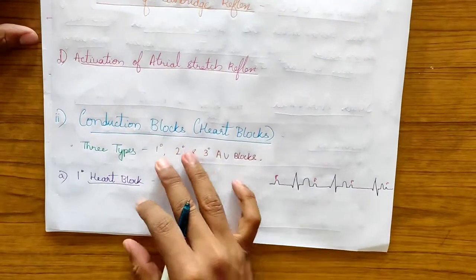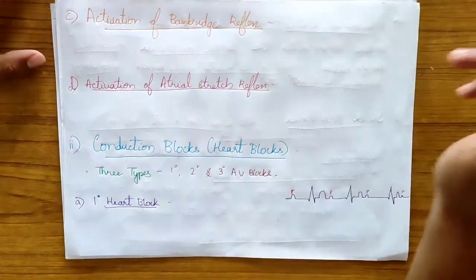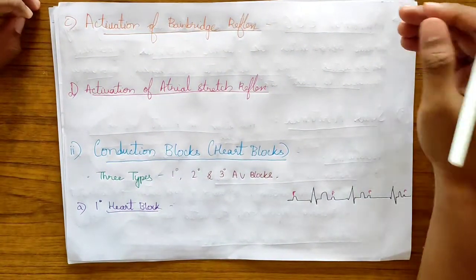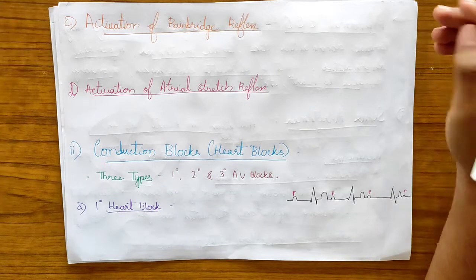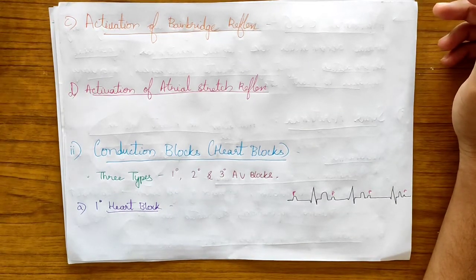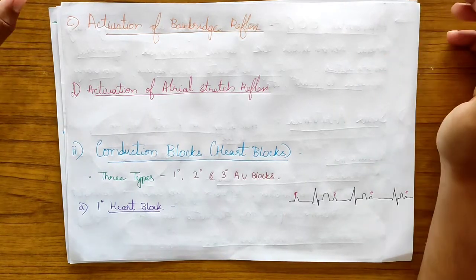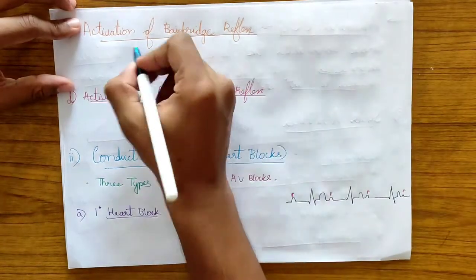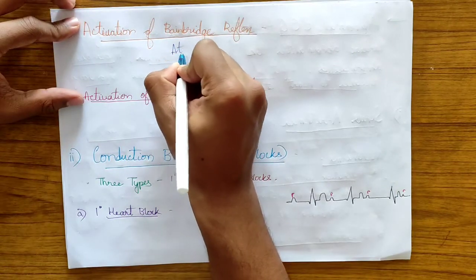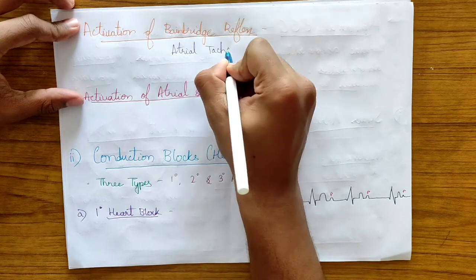The next mechanism is the activation of the Bainbridge reflex. During inspiration, the intrathoracic pressure decreases and therefore the volume of blood reaching the heart increases. Due to the increase in the volume of blood reaching the heart, there will be stretching of the atria. Therefore the atrial tachycardia receptors are stimulated.